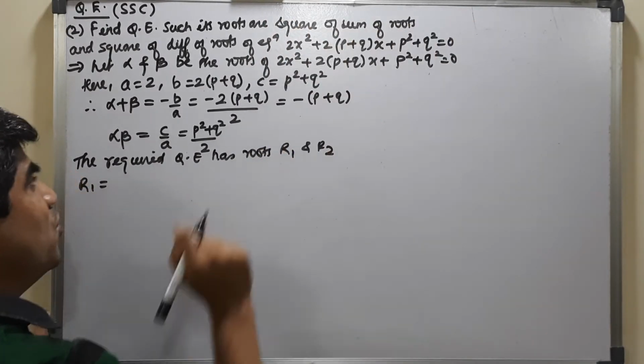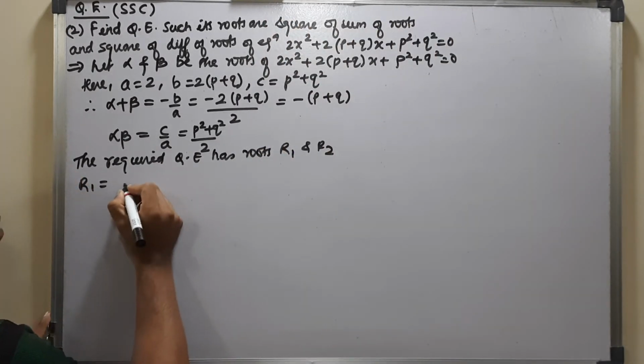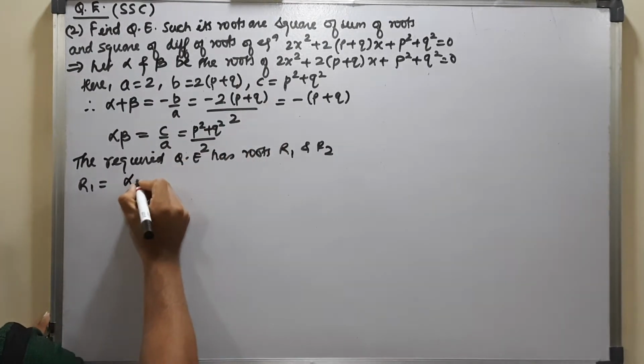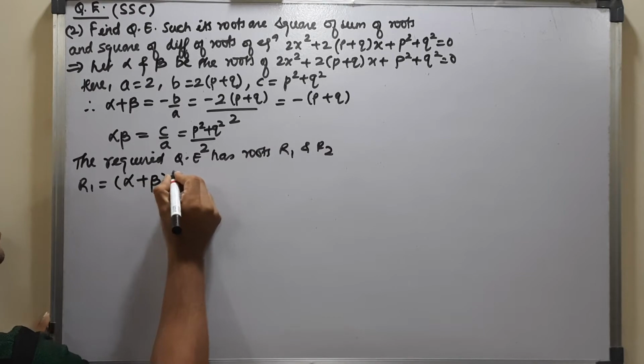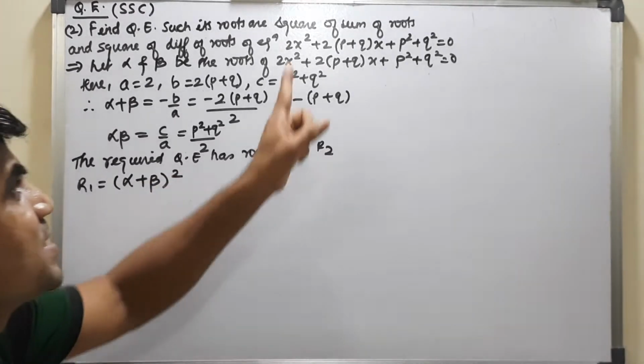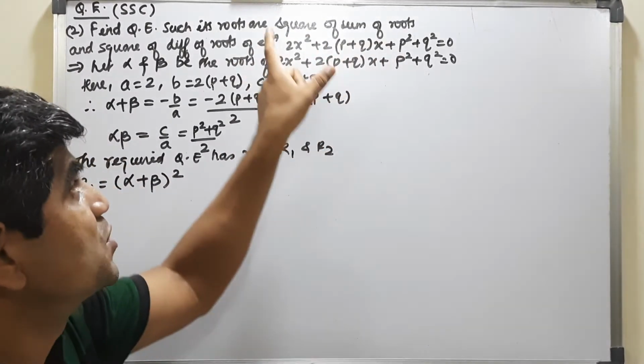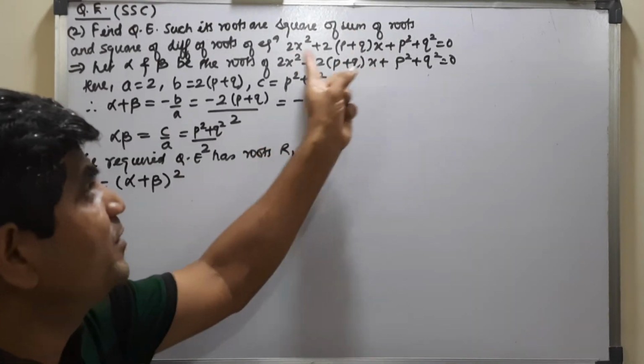The square of the sum of roots. That is, the sum of roots of this equation is alpha plus beta, and what we have to do is square it. See, it is square of what? Sum of roots of this equation.